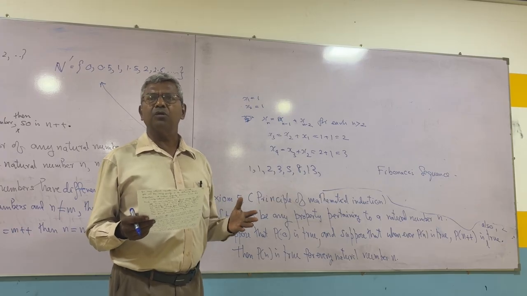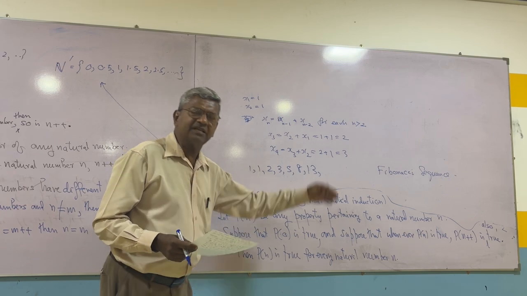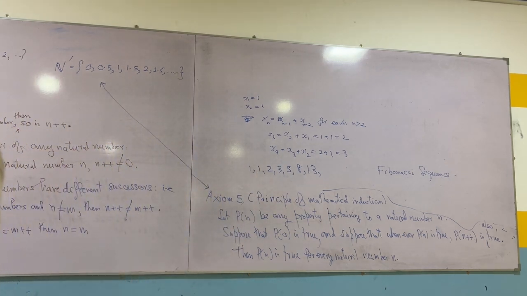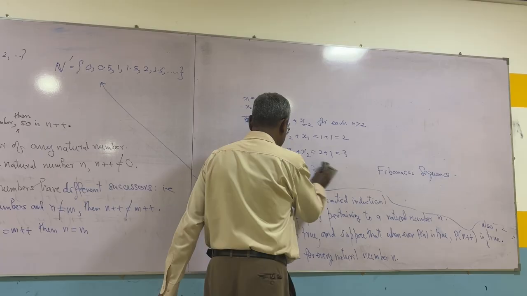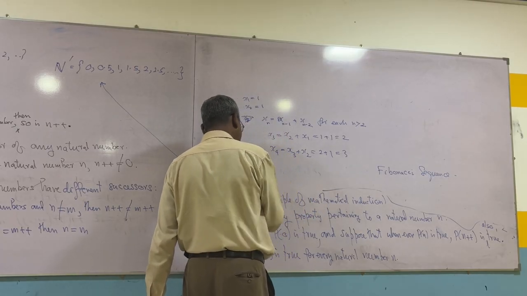You know x1 and x2, then you have a relation like this. The remaining ones you can compute recursively. They are called recursive definitions. The Fibonacci sequence, by the way, is a very famous sequence. There are many things about the Fibonacci sequence.